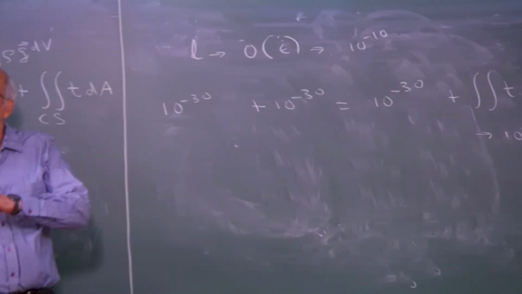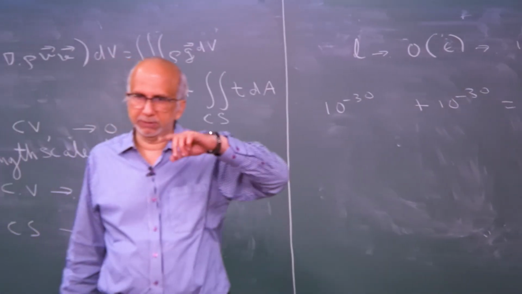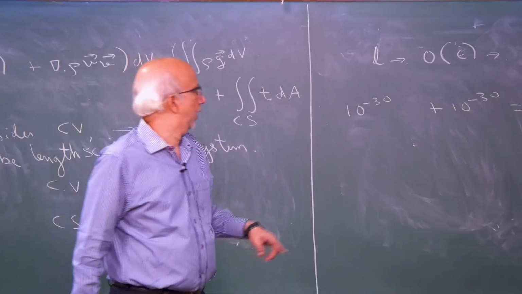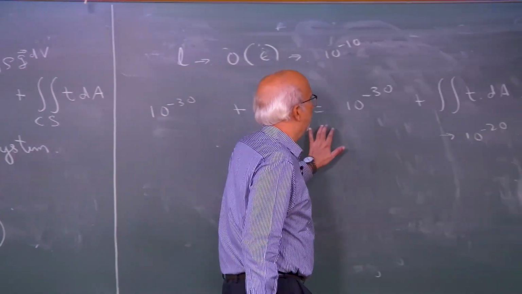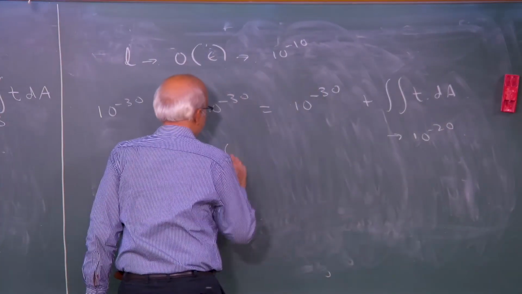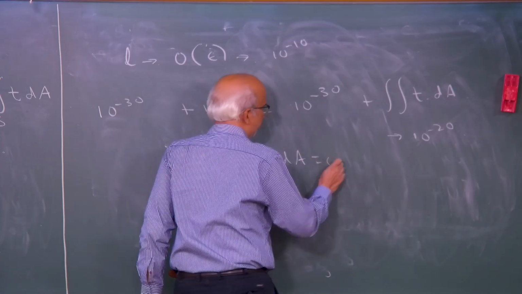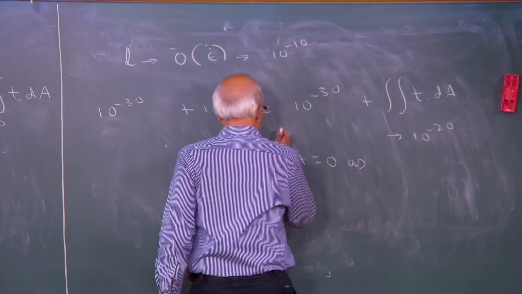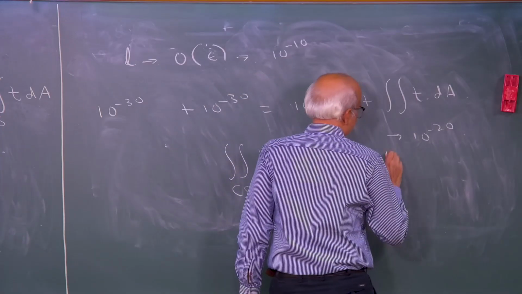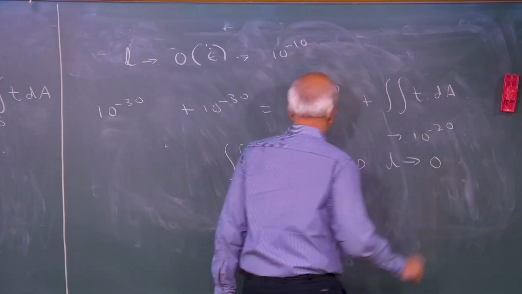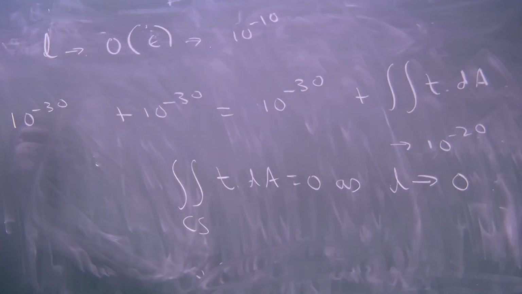In the limit of L tending to 0, making it smaller and smaller, these guys will go to 0, but this is not going to go to 0. So, I say the integral over the control surface of T dA equals 0 as L goes to 0.